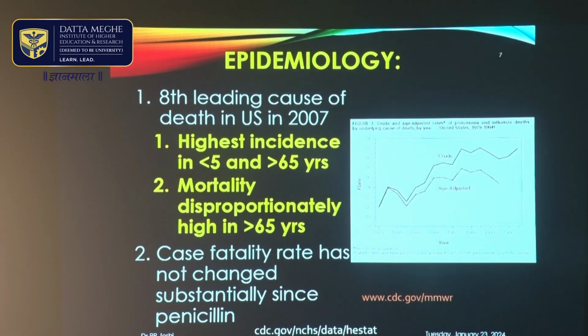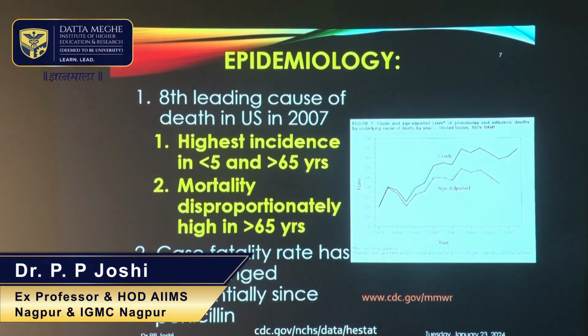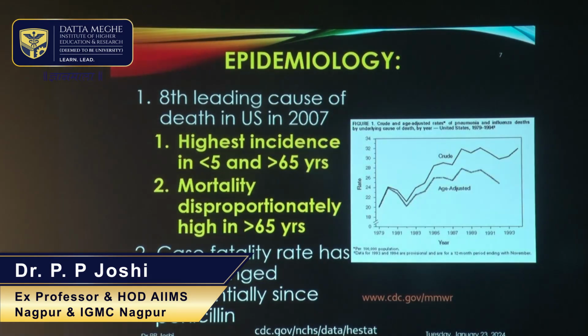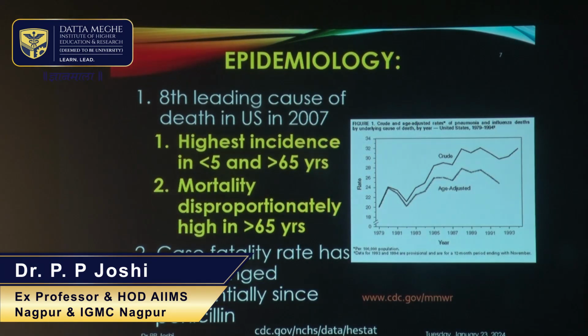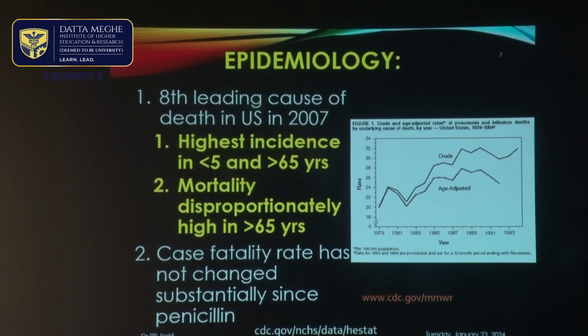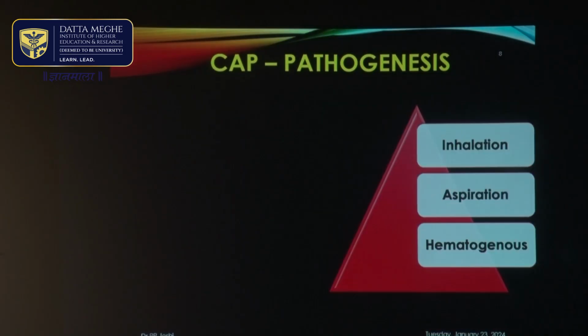Pneumonia is basically the 8th leading cause of death in the US, and the highest incidence occurs in children less than 5 years of age and in elderly more than 65 years of age. Mortality specifically is disproportionately high in the elderly, and despite a lot of antibiotics, we see that the case fatality rate for pneumonia has not changed much.